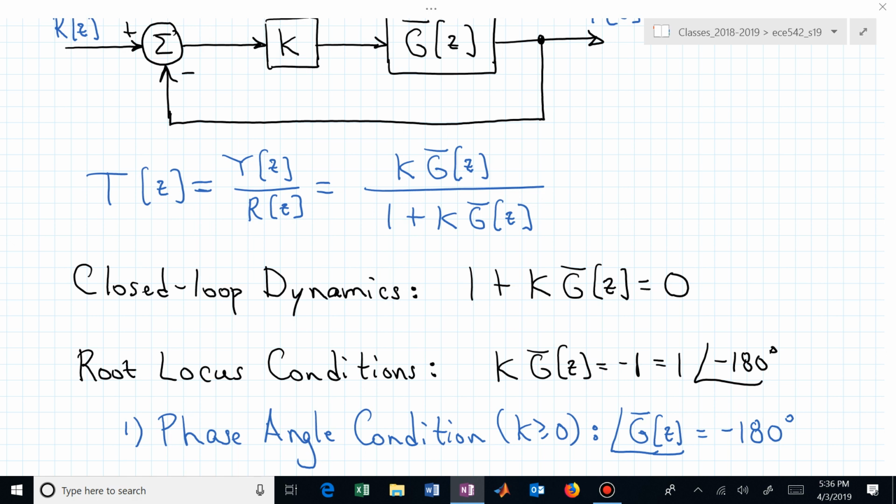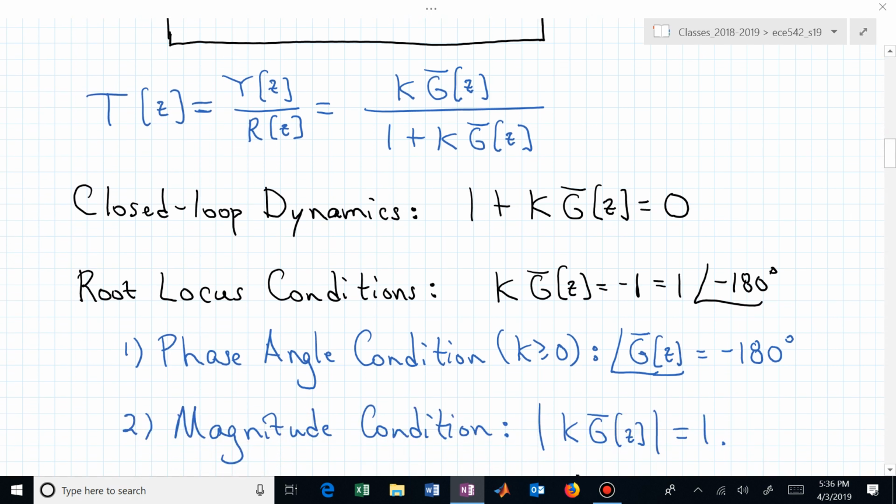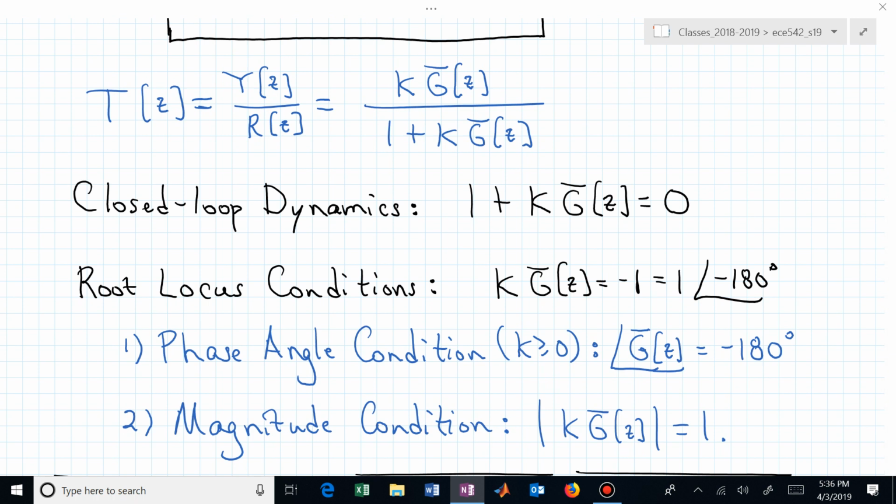And now we can look at the left-hand side and say we have two properties or conditions. We can satisfy the phase angle condition with this complex number on the left, and we can satisfy the magnitude condition with this complex number on the left, where the complex number is k g bar of z, and we're going to just assume in this class that we'll restrict k to be non-negative.